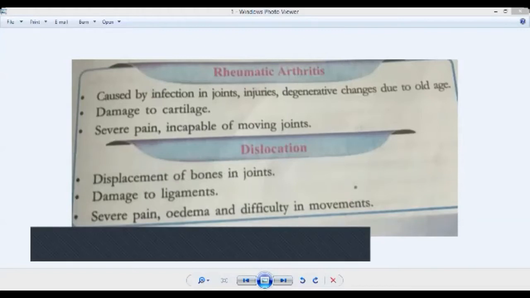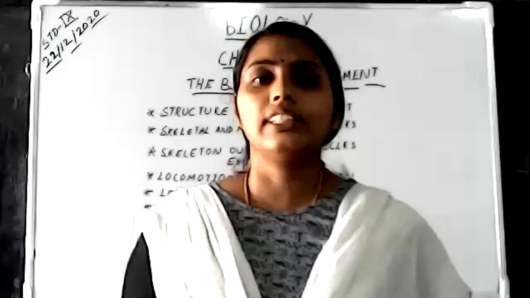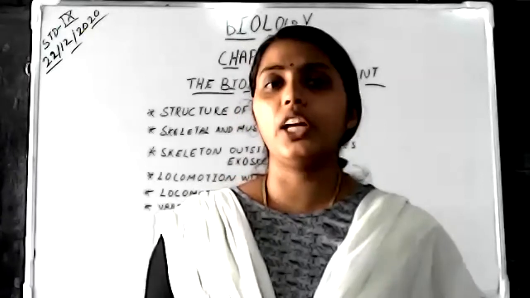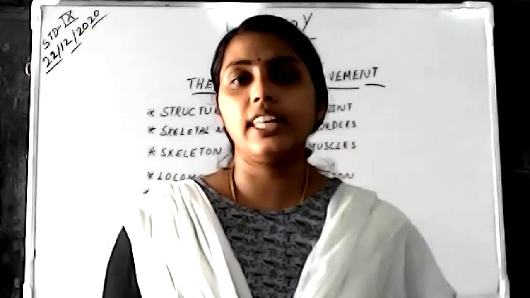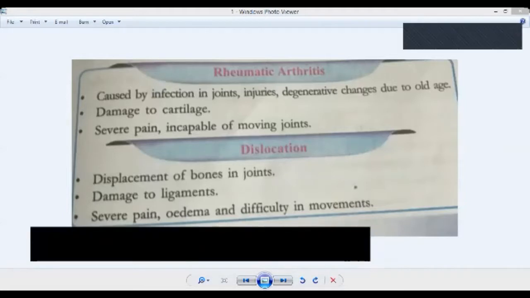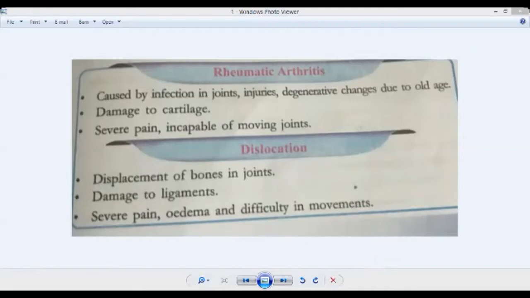The second disease is dislocation. In dislocation, you can see displacement of bones in joints. The joint is displaced from its position. The cause is damage to ligaments. Ligaments are the structures that keep the bones in their position.